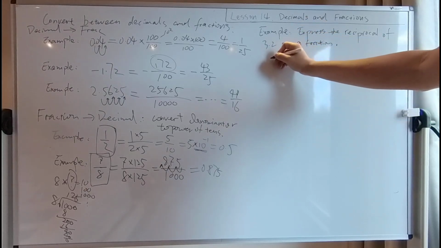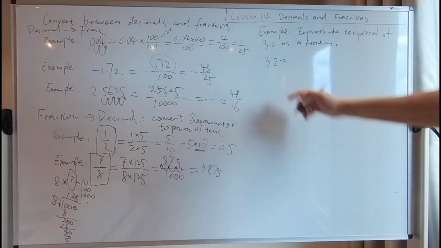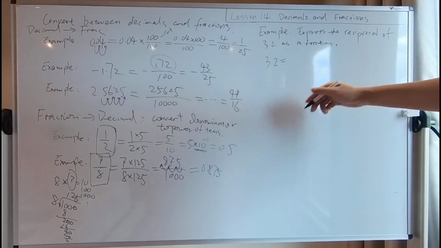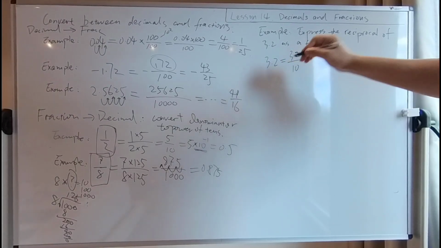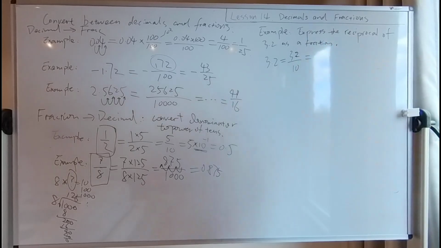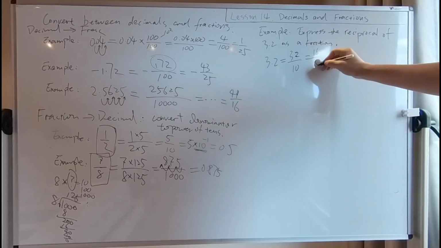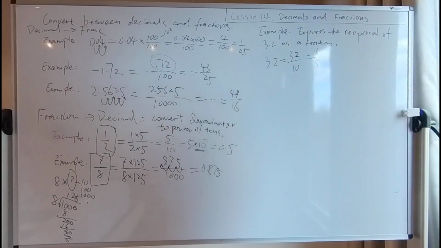That seems easier. So first of all, I'm trying to convert this into a fraction. By what we just learned, there's one digit after the decimal, so it can be written as 32 divided by 10. And then if you want to simplify, 2 is a common factor, so it's 16 over 5. So this is still the number 3.2.